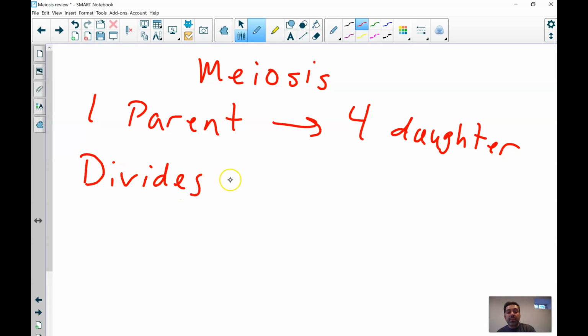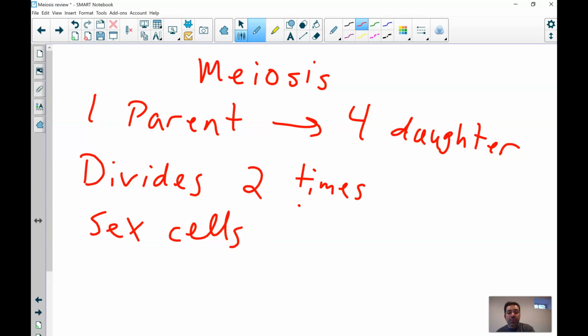The division takes place 2 times. It splits once to give you 2 cells, and then each of those 2 cells split a second time, and that's how you get 4. This is used to create sex cells. And like we said, in animals, those would be sperm and egg cells.